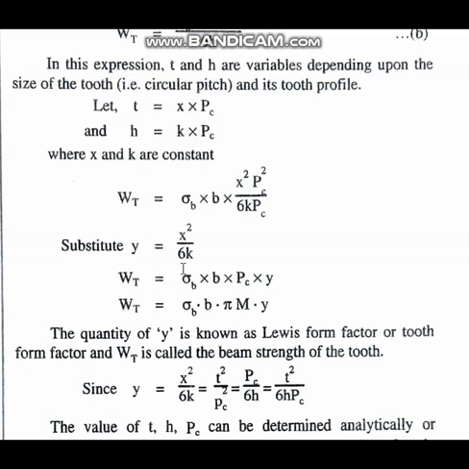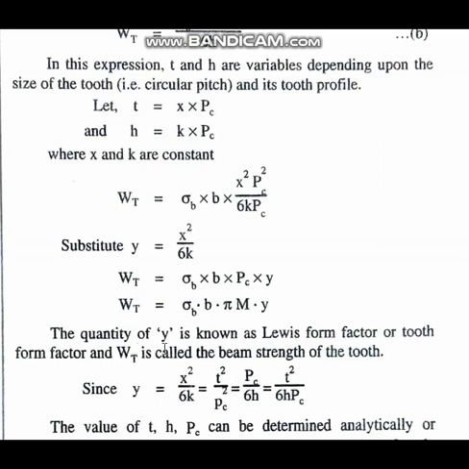Okay, this one. And this can be written another way. Instead of pc, replace it with pi into m. See, this m is the module, I think.